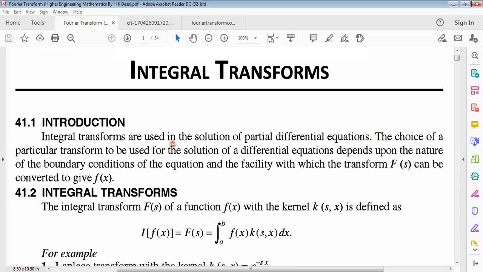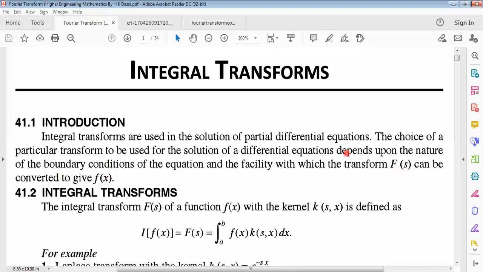So integral transforms are a tool for solving partial differential equations. The choice of a particular transform for the solution of a differential equation depends upon the nature of the boundary conditions of the equation and the facility with which the transform F can be converted to give f of x.